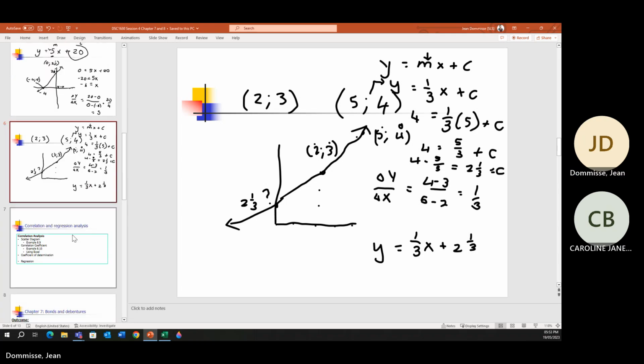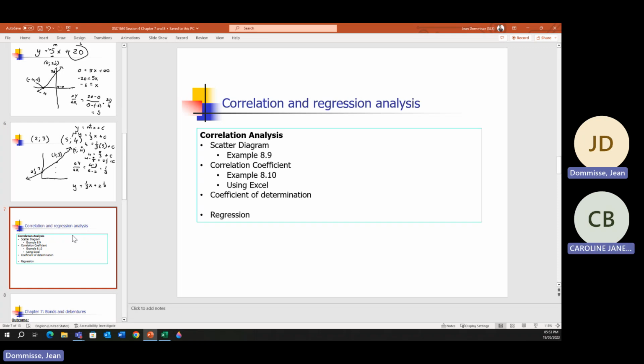Then the other part here is about correlations and regression analysis.